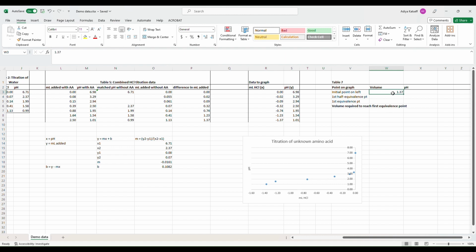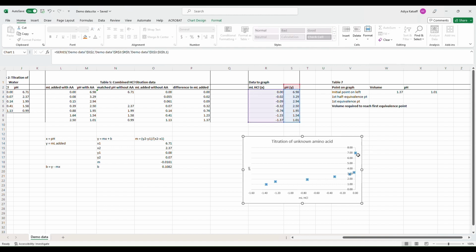I'm not going to write that here, just in case we want to do some math with it, because we only want numeral values for Excel to do math. And then the equivalent pH right here is 1.01. Our first equivalence point is right up here, where our graph is the most vertical. It's going to be at our 0 point. And that'll become, ideally, hopefully more clear once you also add in your NaOH data.